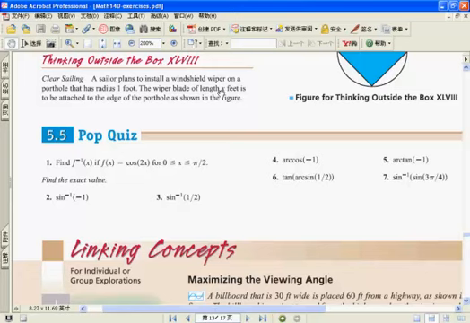We know in section 5 we learned the inverse trigonometric functions, right? One of the most important things about the inverse trigonometric functions is the domain and the range of all those 6 trigonometric functions.